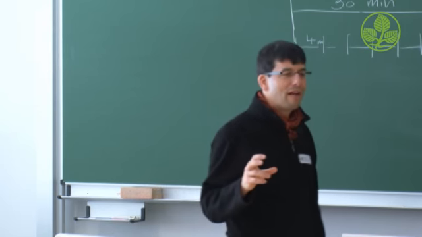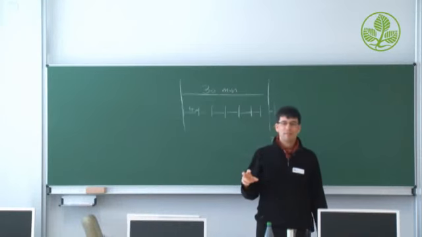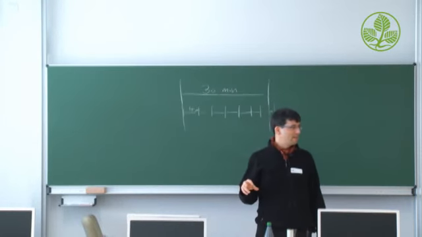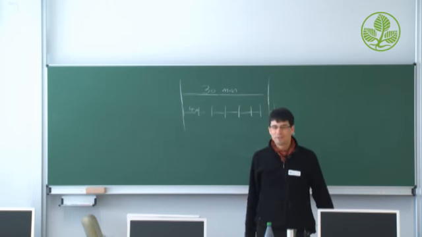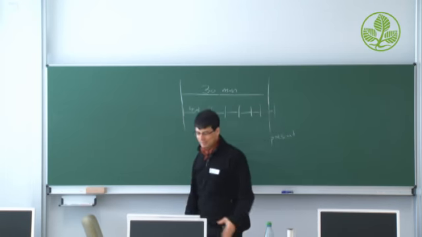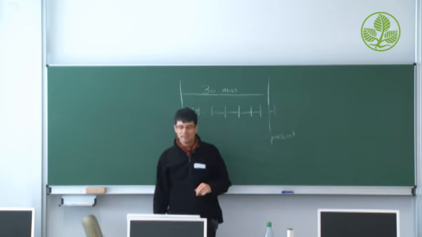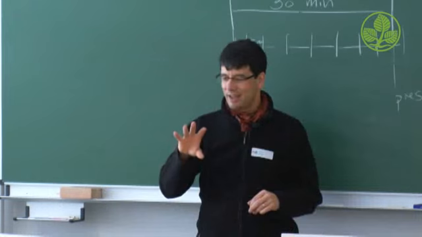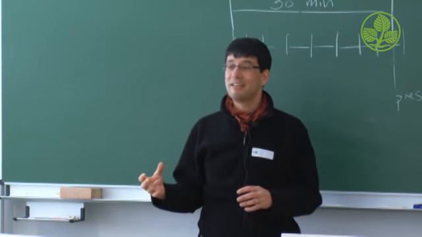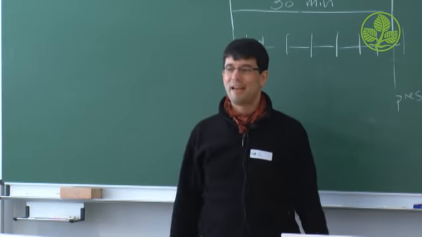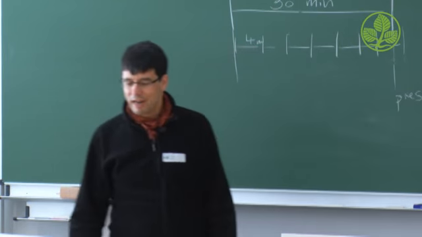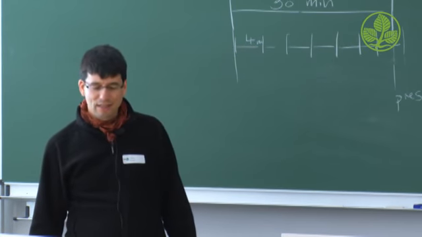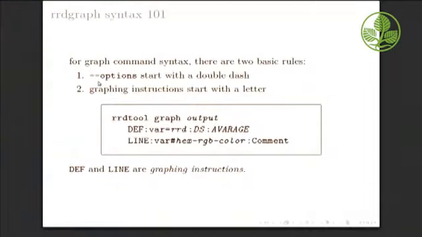RRDtool graph instructions are maybe the longest command line things you can see in the Unix world. And before we look at details, let me give you the design idea behind the command line language of rrdgraph. There are two kinds of instructions. There are options. They start with 2 dashes, or 1 dash if there's a short name.